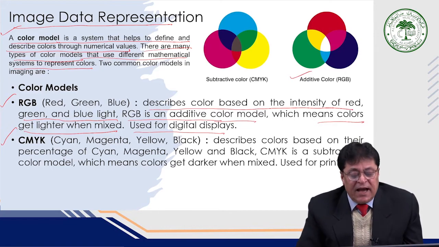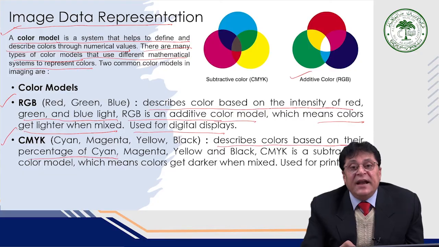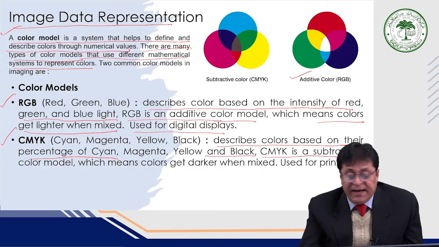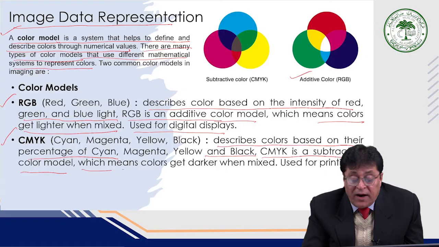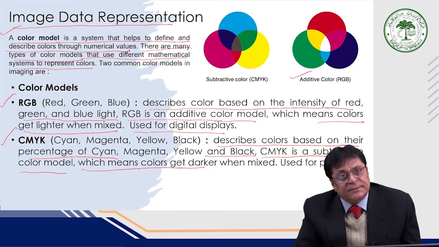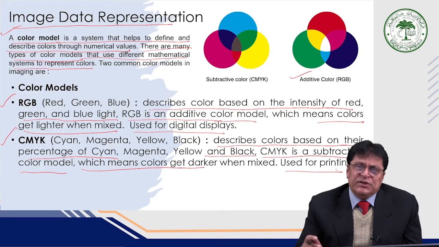C stands for cyan, then magenta, yellow and black. And it describes color based on their percentage of cyan, magenta, yellow and black. And CMYK is a subtractive color model, which means what? The color gets darker when mixed. It is used in printers. So, it is used for printing.